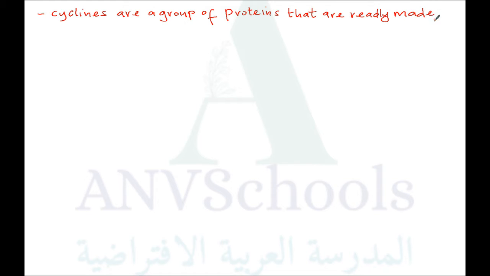Cyclins are a group of proteins that are readily made and destroyed at certain points in the cell cycle.